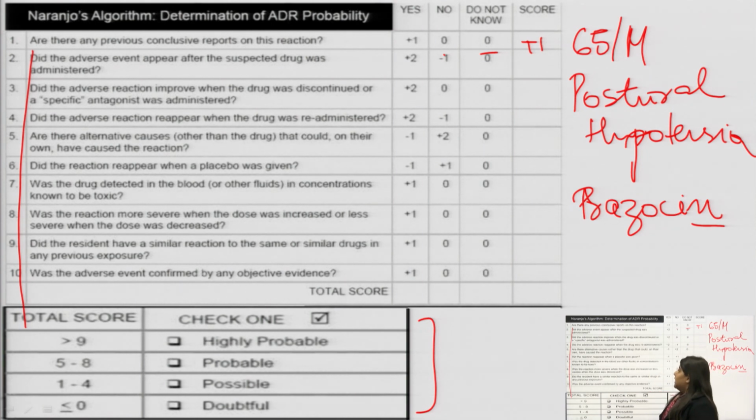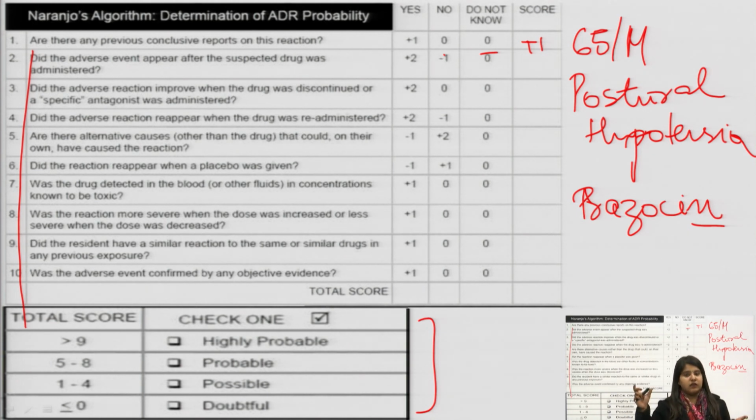The next question is, did the adverse event appear after the suspected drug was administered? Did the reaction appear when the drug was given? So I asked the patient, were you taking the drug when you faced dizziness?